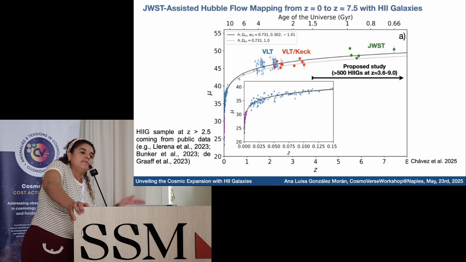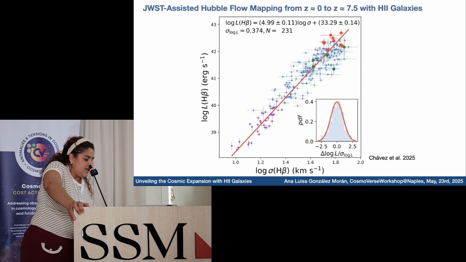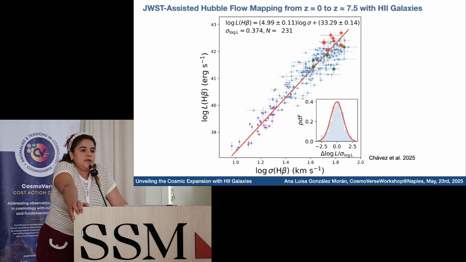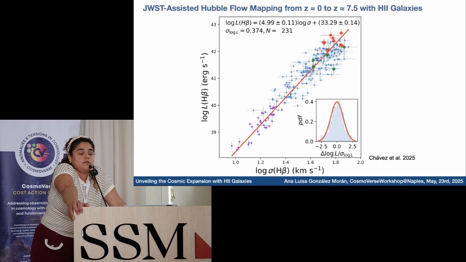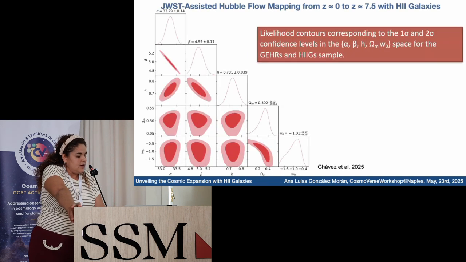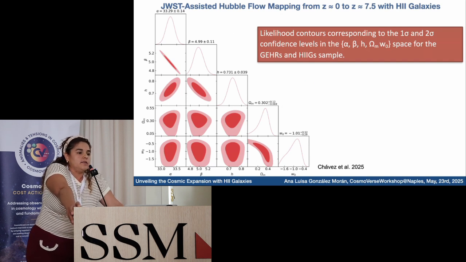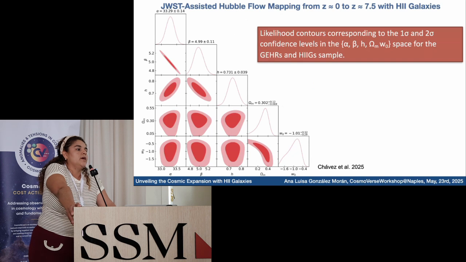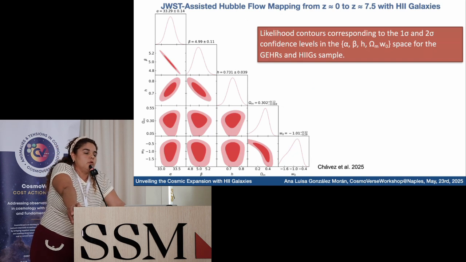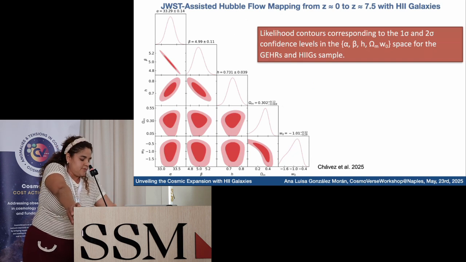If we want to go deeper, we have to move to the James Webb Space Telescope. And this is the L-sigma relation that we found for this sample. And this is the likelihood corresponding to the 1 sigma and 2 sigma confidence levels when we have all the parameters free: the zero point, the slope, the Hubble constant, omega m, and the w parameter.